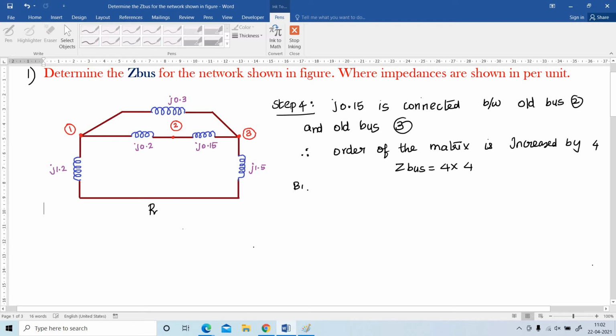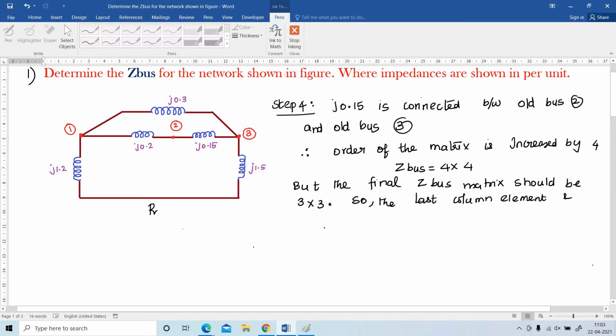But the final Z bus matrix should be 3 cross 3. So the last column element and last row element should be eliminated.